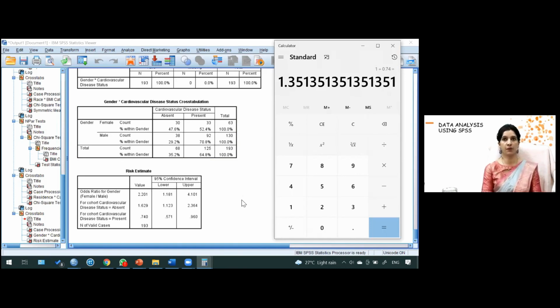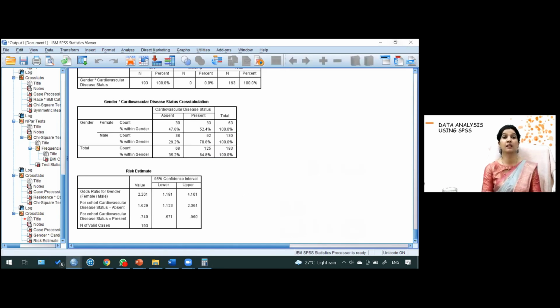Just to repeat once again, the SPSS calculates the odds ratio taking the lower category. The relative risk calculates the opposite. It takes into account the higher category. And this column tells you the risk of disease, cardiovascular disease present.